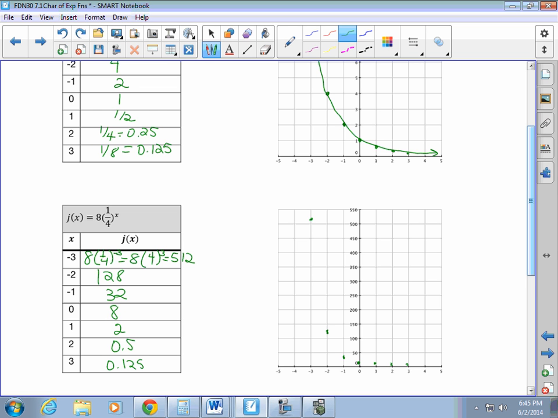So you can see it's getting closer and closer and closer to 0. So our graph does this. Again, it starts in quadrant 2 and ends in quadrant 1.